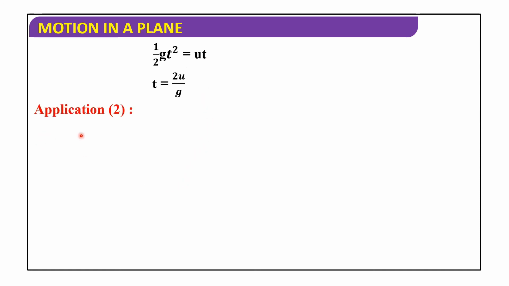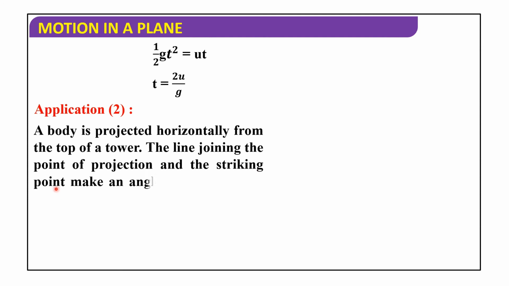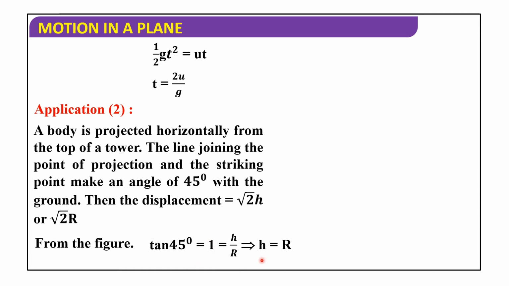Now the second application. A body is projected horizontally from the top of a tower. The line joining the point of projection and the striking point makes an angle of 45 degrees with the ground, then the displacement is equal to root 2 into h, or we can write root 2 into r. From the figure, tan 45 is equal to 1, that is equal to h by r.